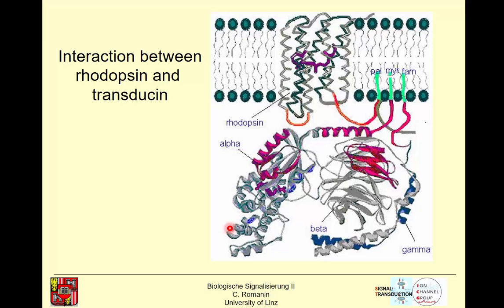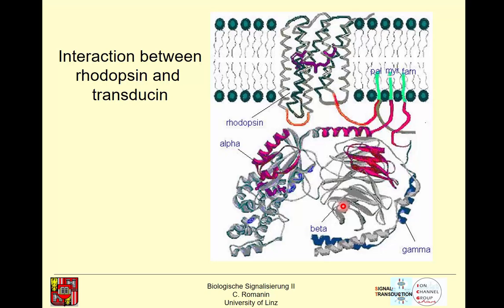Let's have a closer look on the interaction of rhodopsin with the G protein, with the transducin that has been already identified, particularly some strands. So this is the alpha subunit, the beta and the gamma subunit of the transducin. This is, in particular, a cytosolic protein.